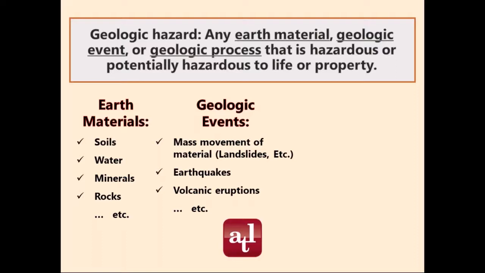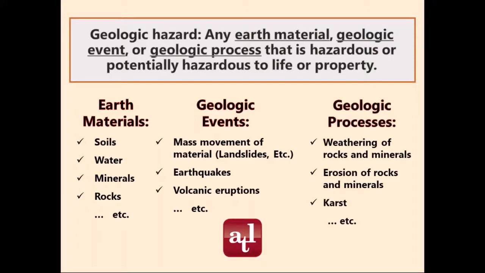Avalanches, mass movement of earth materials, earthquakes, volcanic eruptions, etc. And geologic processes would include the weathering of rocks and minerals, the erosion of rocks and minerals, the formation of karst, etc.